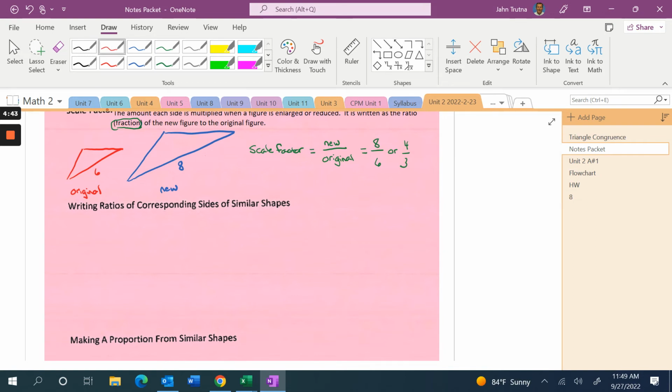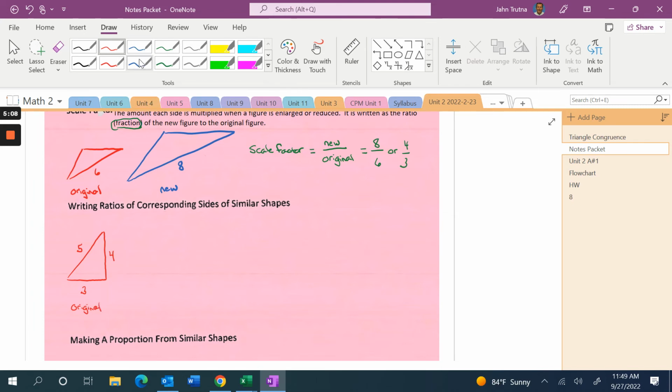Let's say my original figure is a triangle, and it's red. In this triangle, the bottom leg is 3, the vertical leg is 4, and the hypotenuse is 5. This is my original figure.